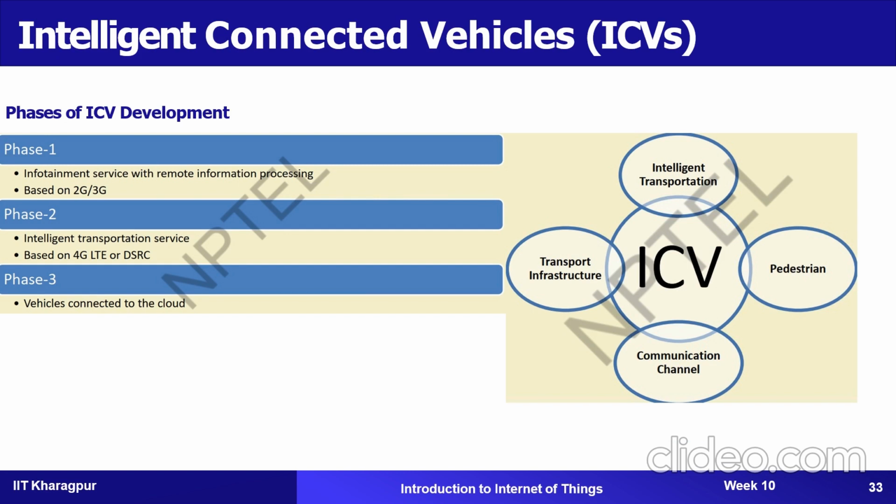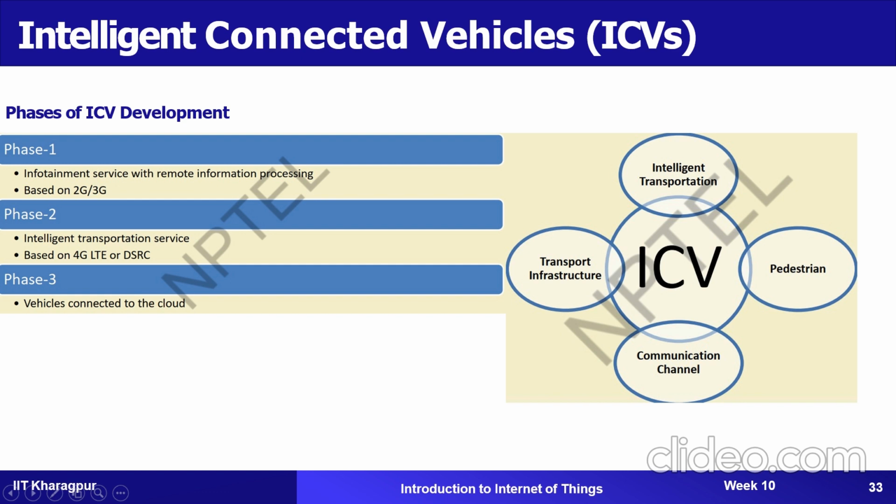Now intelligent connected vehicle. Till now we were talking about connected vehicle. So connected vehicles means vehicles which are interacting with each other through transmission media. Now intelligent connected vehicles mean they have some processing power also, they have the capability to take the decision also.